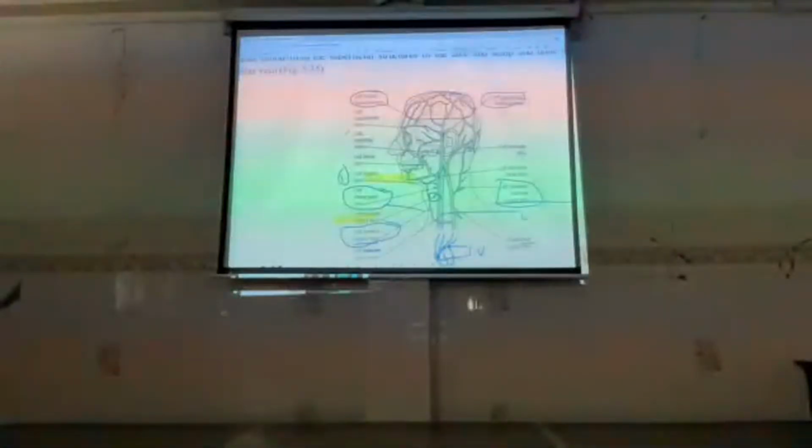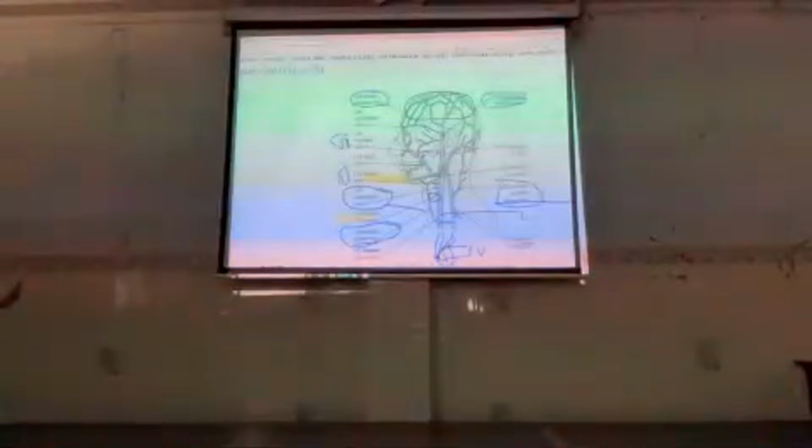Superficial temporal artery, so we have the temporal vein two. Next, maxillary artery, so we have the left maxillary vein. Next, facial artery, so we have the facial vein, three. Occipital, four.